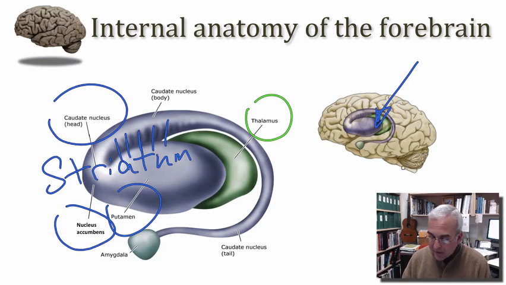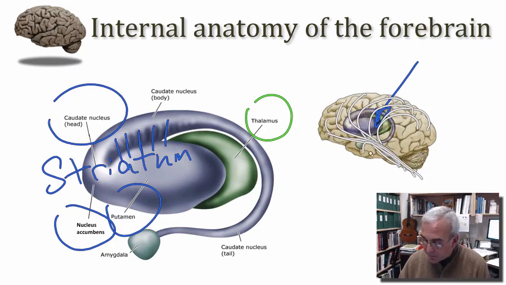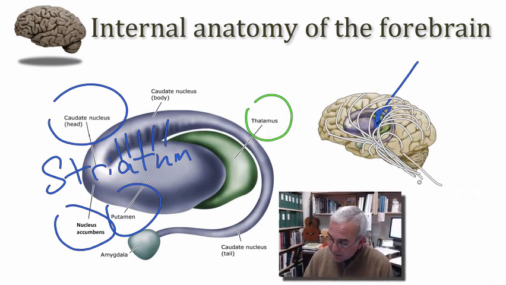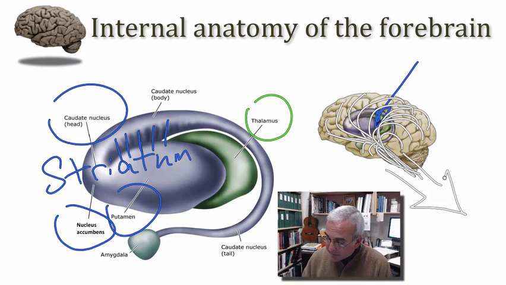The internal capsule is this massive system of white matter that runs between the cerebral cortex and everything that falls below the cerebral cortex. So that's going to include the thalamus, the brainstem, and the spinal cord. Now, many of these axons, as I've been illustrating here, are heading in the descending direction.